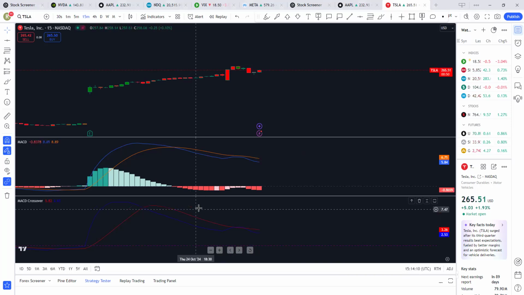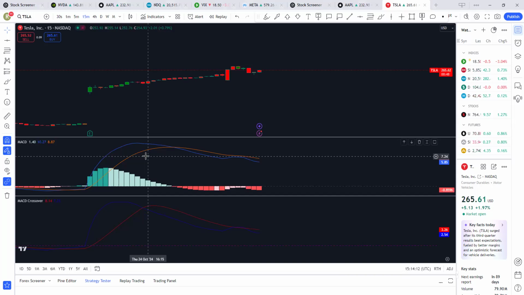Now, what is the difference with the moving average convergence divergence? It's a momentum and trend-following indicator that helps traders assess the strength and direction of a trend in the market. It has three components that you can see.